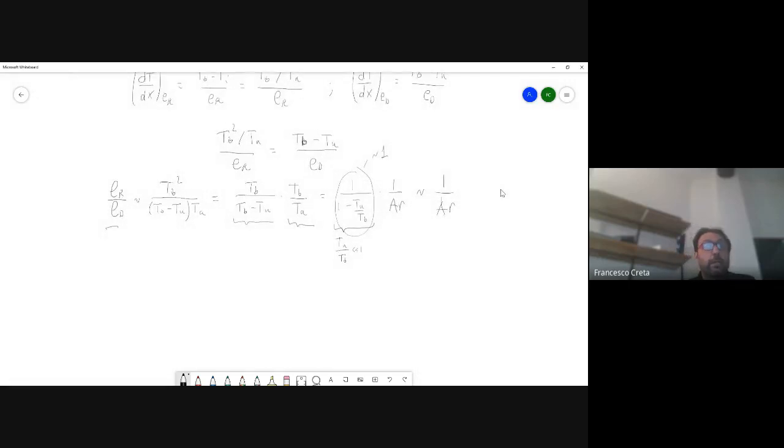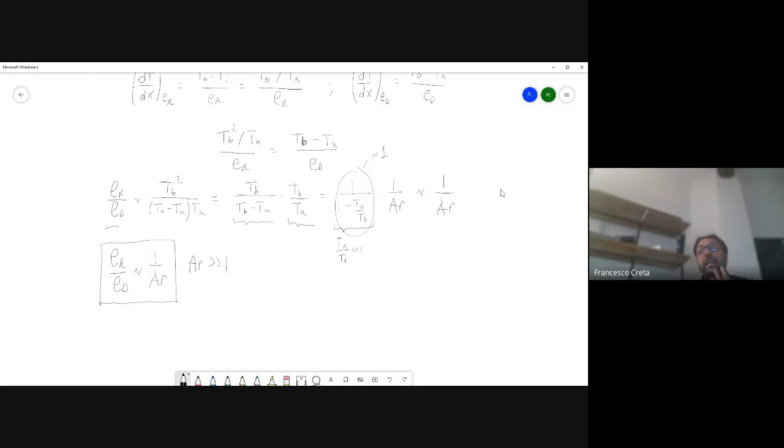That's one quite important result: the ratio of the reaction zone to the diffusive layer, so to the preheat zone, is inversely proportional to the Arrhenius number. And you know that the Arrhenius number is large for combustion reactions. So clearly, this ratio is very small.